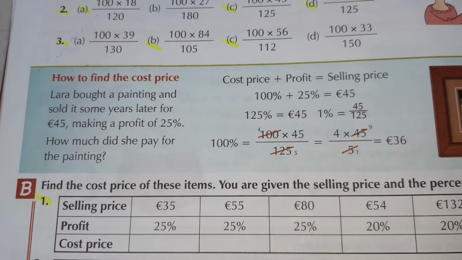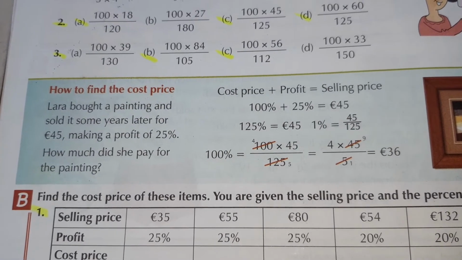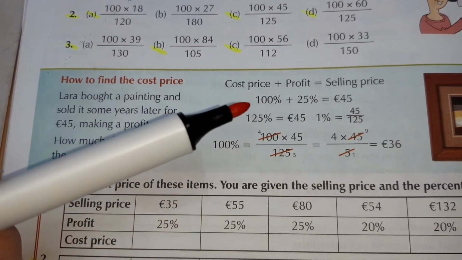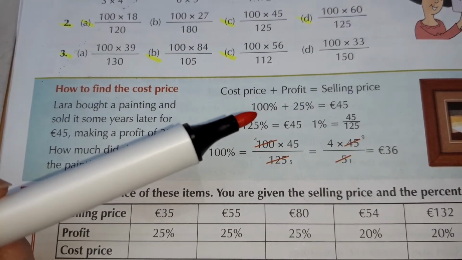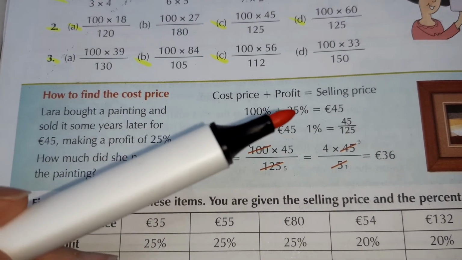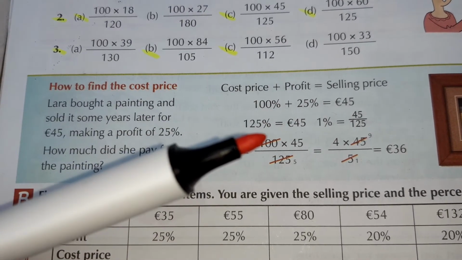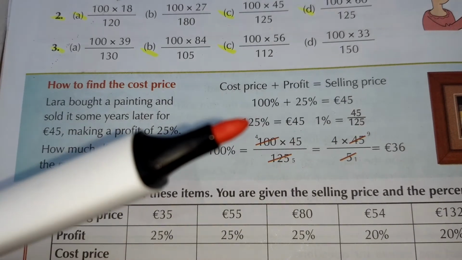The cost price plus the profit is equal to the selling price. You always take the cost price as 100%, because that's what she paid for it, plus she earned 25% on it. So 125% is equal to the selling price.